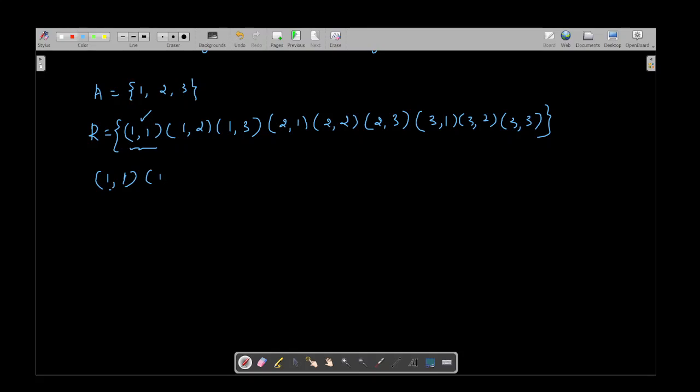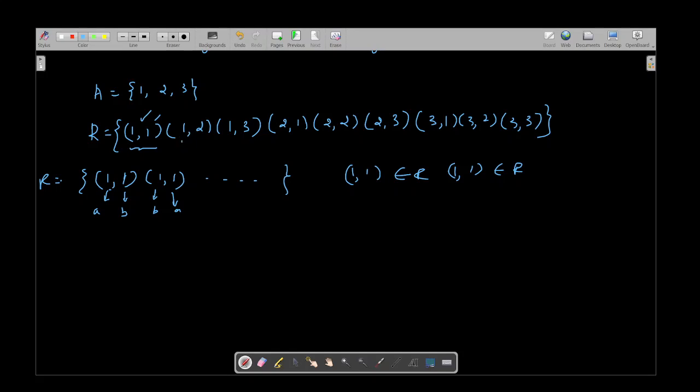So (1, 1) I can write 2 times. So here this is my A, this is my B, so this is B and this is A. So (1, 1) is present and (1, 1) is also present. So for this it is symmetric.